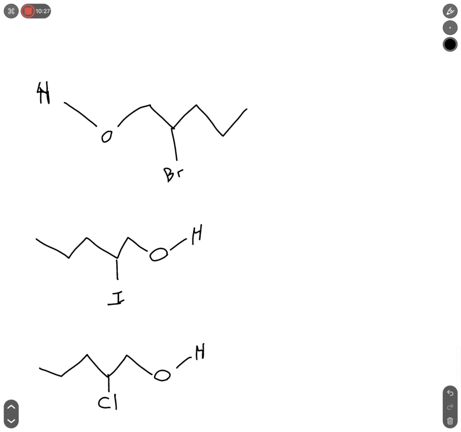Here's one more example. As we already know, we draw our lone pairs first. One, two, three, four, six.